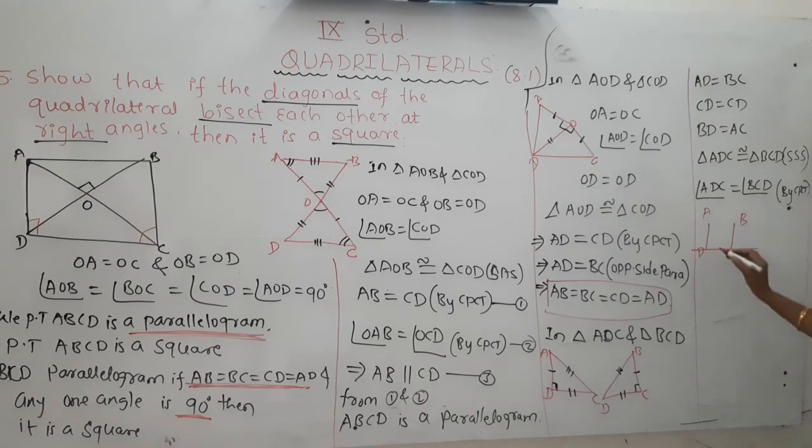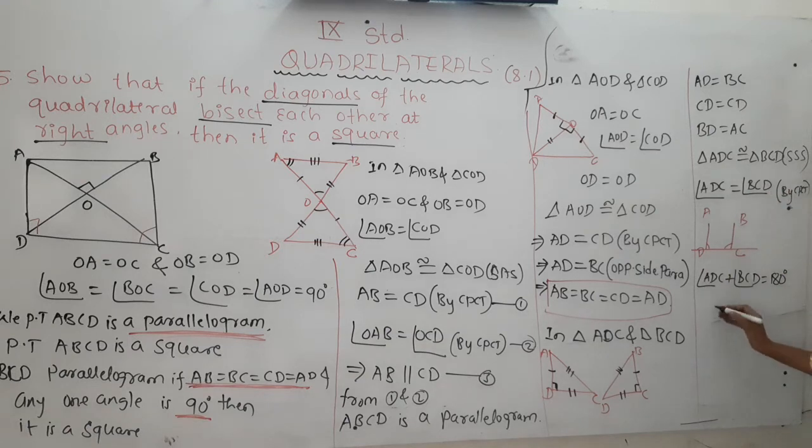DC is a transversal. Then the angles which lie on the same side of the transversal are supplementary to each other. Then angle ADC plus angle BCD is how much? 180 degrees. And already we proved ADC equal to BCD.